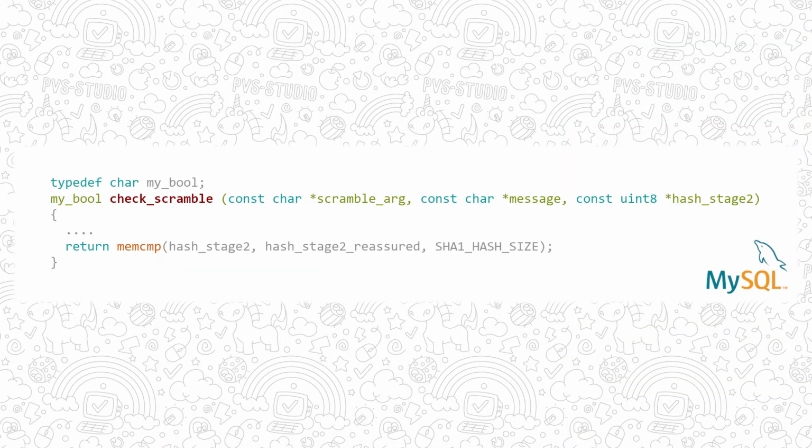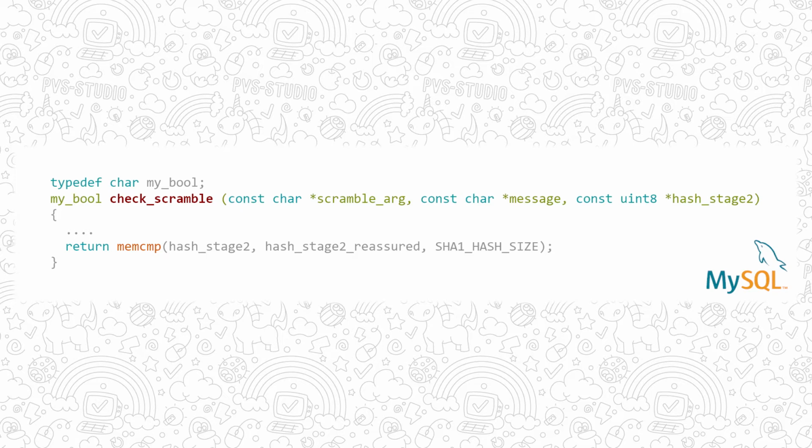Let's look at an example of one such vulnerability discovered in the MySQL project in 2012. This vulnerability allowed a remote attacker to bypass the password security check by knowing the username and, in one case out of 256, to successfully authenticate with a random password. We can see that the check_scramble function returns the my_bool type, which is actually a char type.